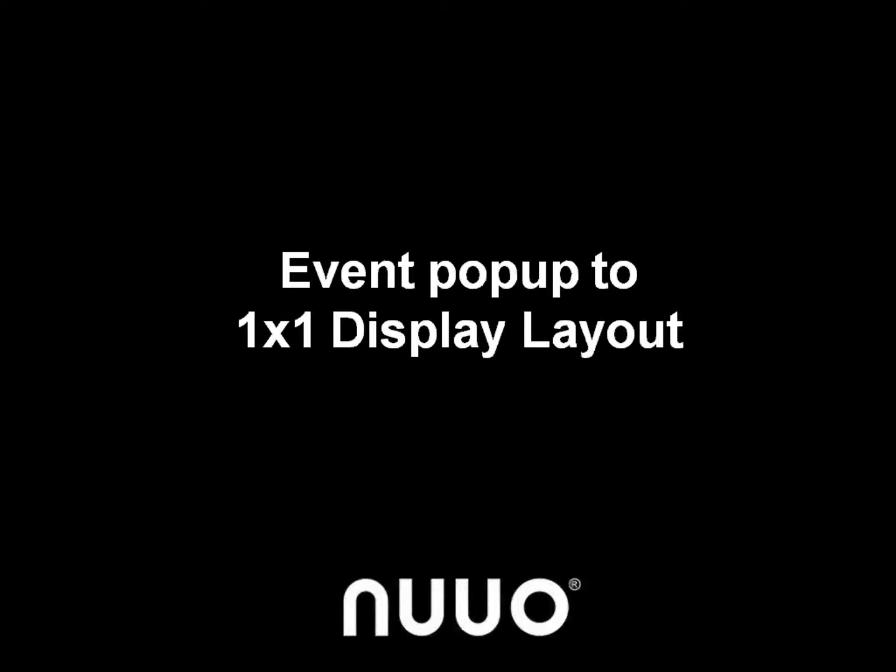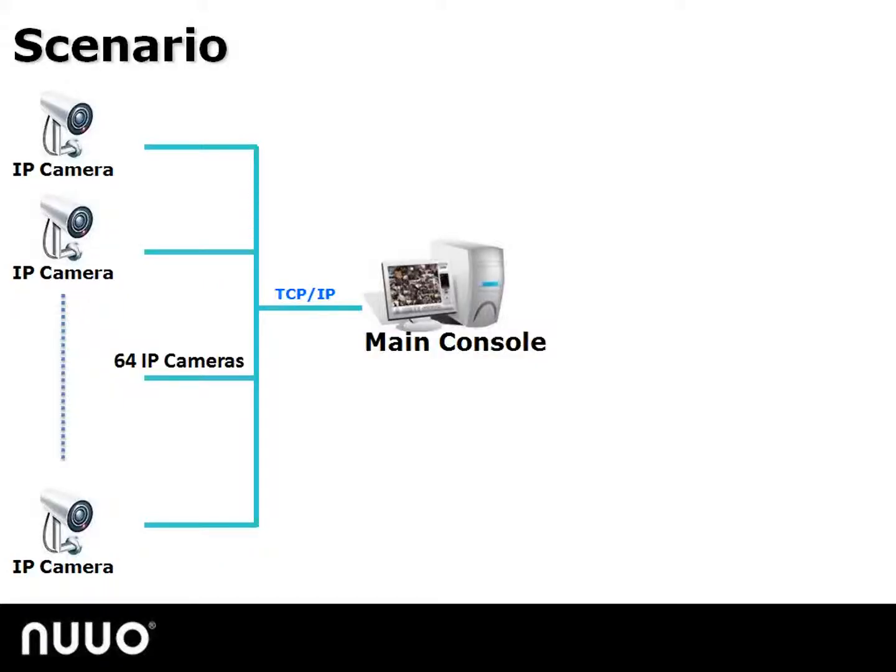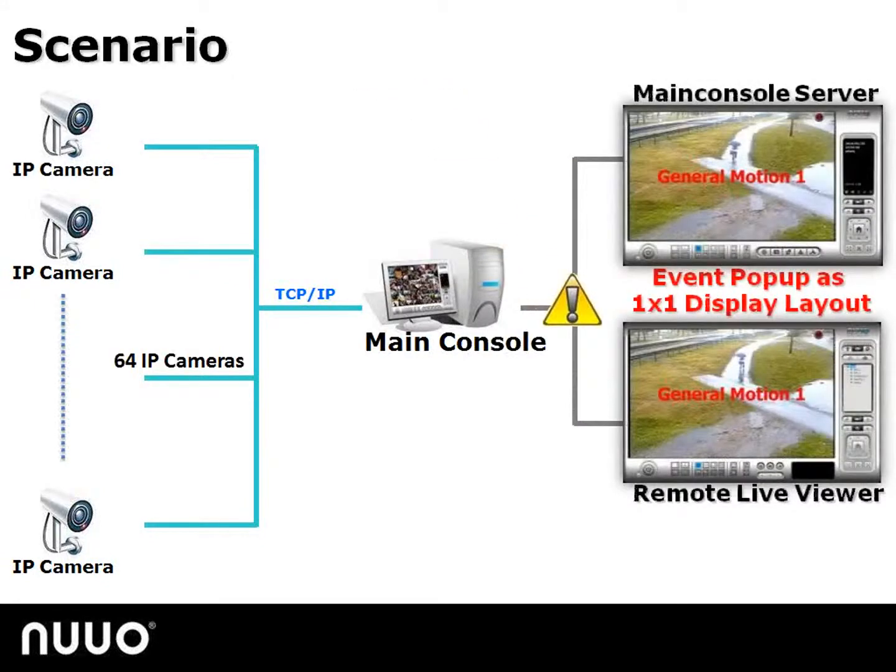Okay, the next scenario is event pop-out to 1x1 display layout. A main console can connect with 64 IP cameras, and if an event happens, how do we highlight the event to let the user know? In this scenario, I will show you how to set up event pop-out to 1x1 display layout on the main console server and the remote live viewer.